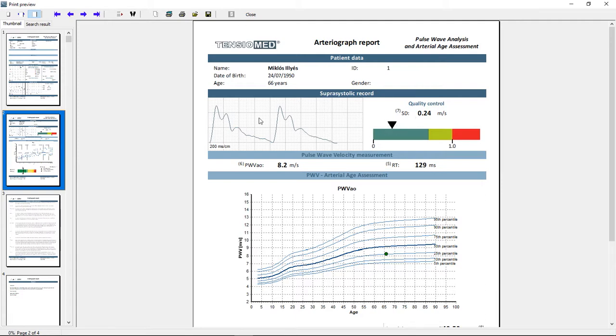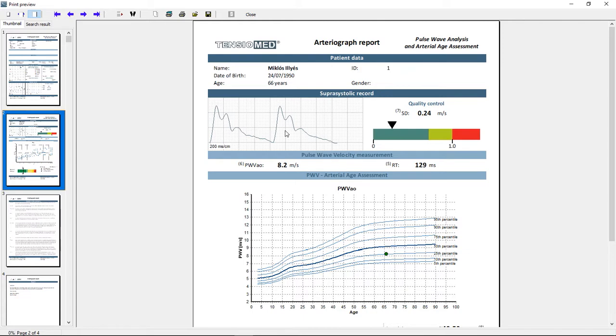Also, this visual control is accompanied by quality control, which is a metric control. Namely, we measure the pulse wave velocity on a beat-to-beat basis, and the measured differences are expressed as the standard deviation of the differences.